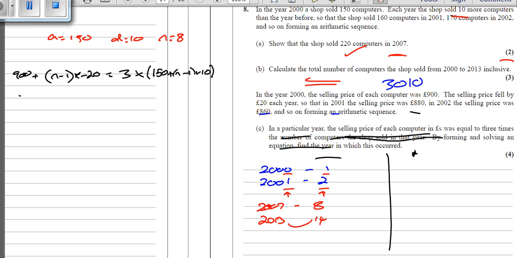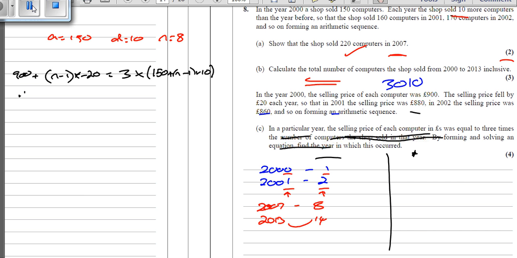So it's going to be 900 plus n minus 1 lots of minus 20 equals 3 lots of 150 plus n minus 1 lots of 10. Then you multiply out all the brackets and equate it, and you end up getting your value for n, which is increasingly hard for me to write down.